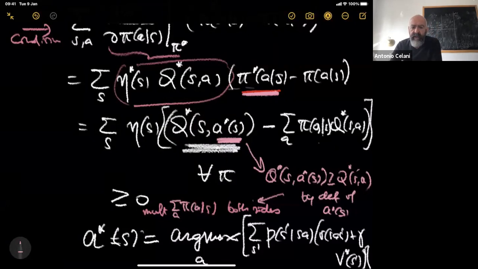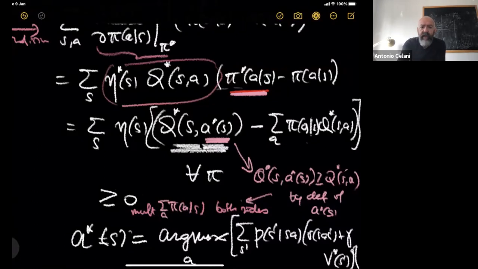So this all amounts to saying that, by the definition of A star as the best action chosen from Q star, this term here is smaller or equal to 0 for any choice of pi, which is my optimality condition.